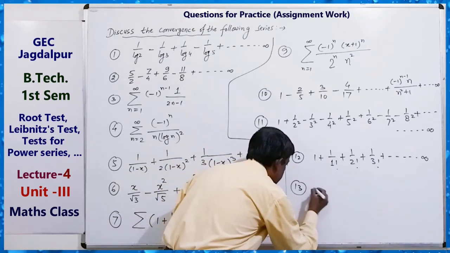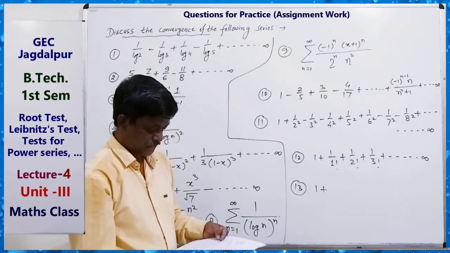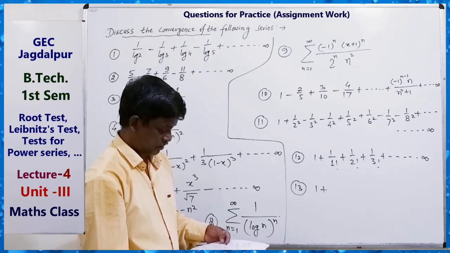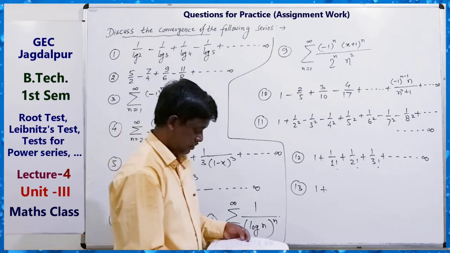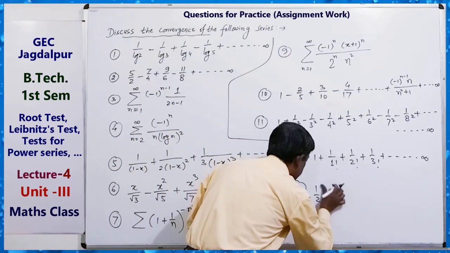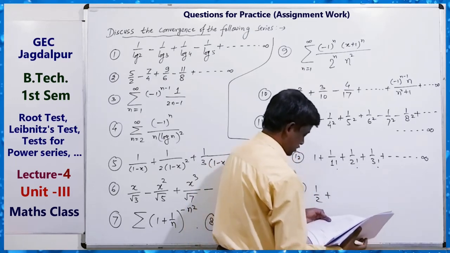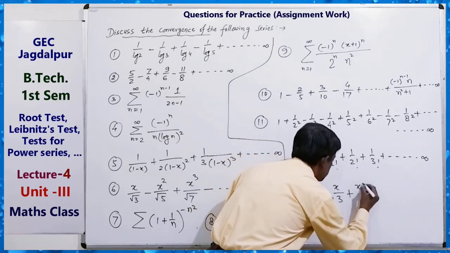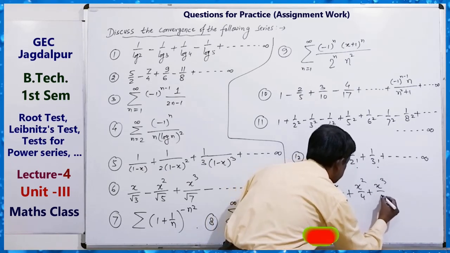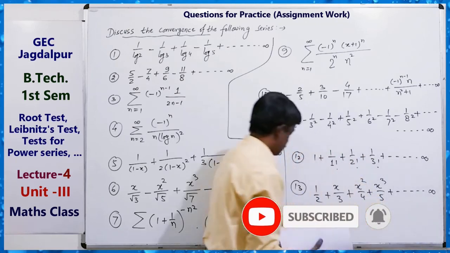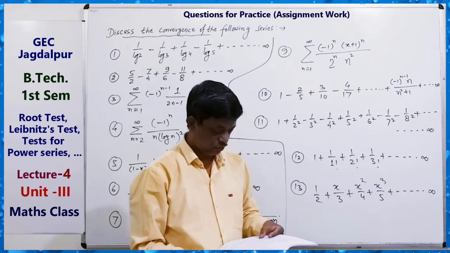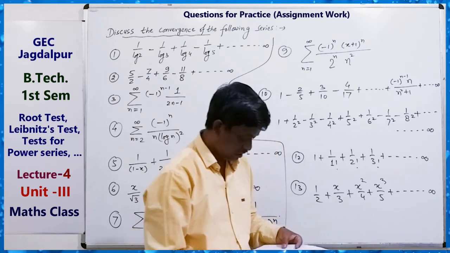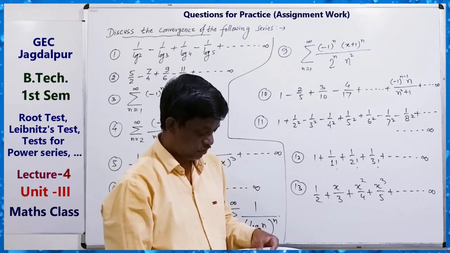And 13: 1 by 2 plus x by 3 plus x square by 4 plus x cube by 5, and so on up to x to the power n upon n plus 2, to infinity.